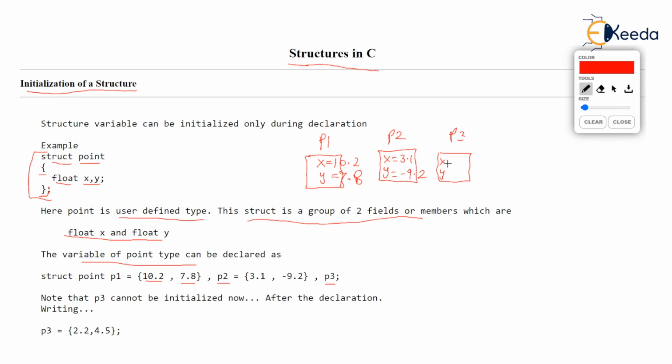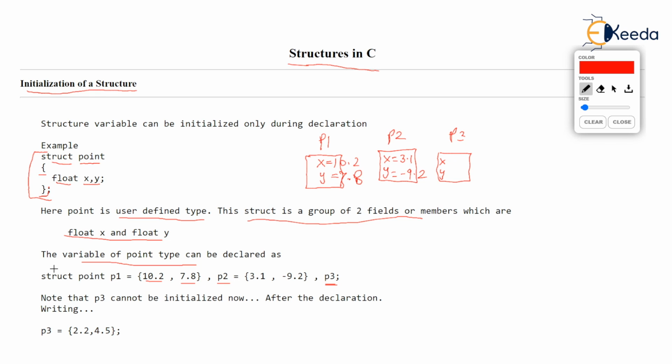As you know, if a variable in C language is not initialized, then it is loaded with a garbage value in case it is an auto variable. And you know p3 is an auto variable because it will be declared under some open brace and close brace.